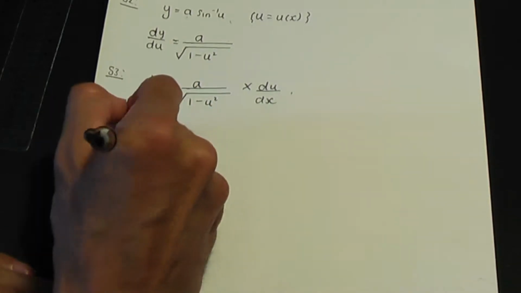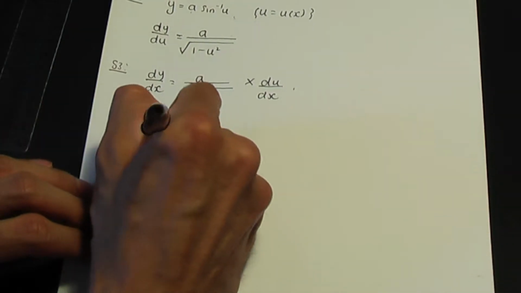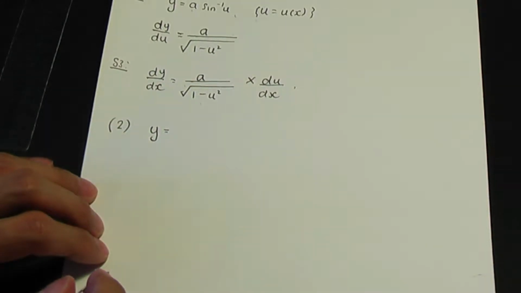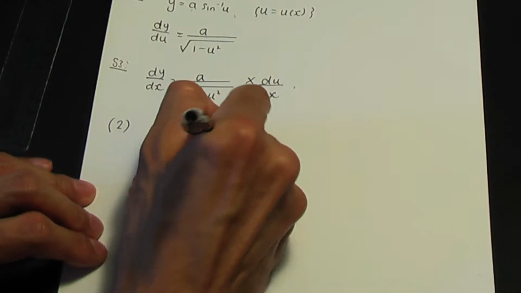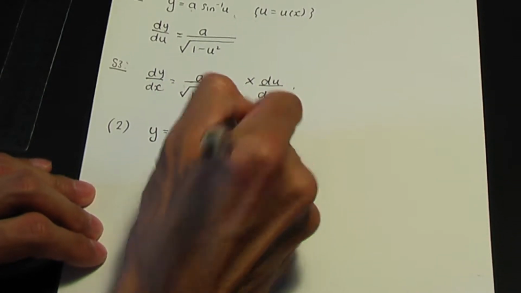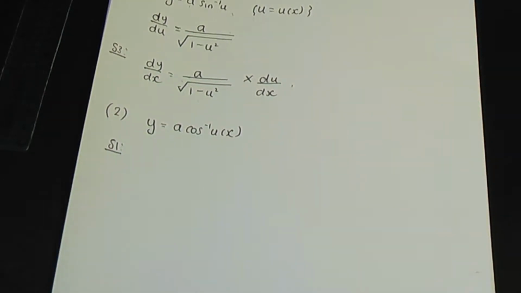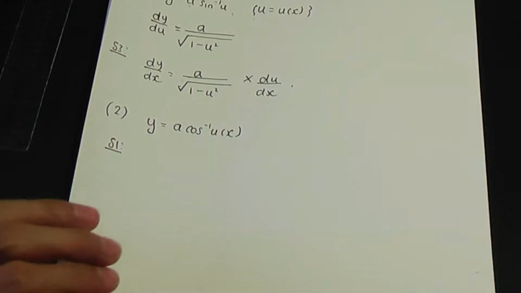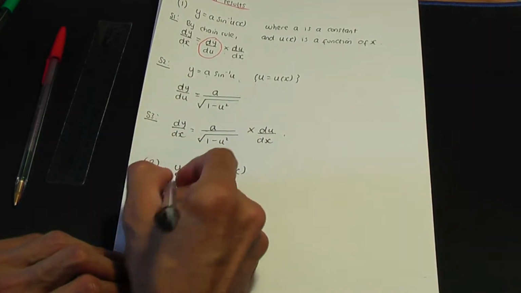Okay, so let me go through the second result. So this is based on y equals cos inverse x. So if y is equal to a cos inverse ux, let's go through the derivation for the derivative. So in step 1, let's repeat the stages. I'm going to use the chain rule.